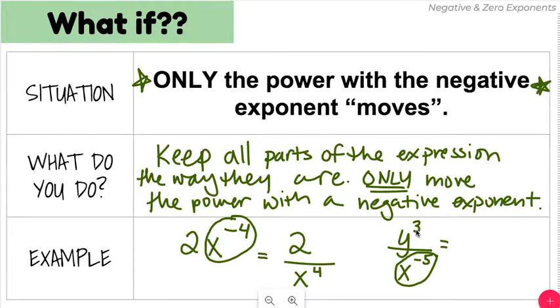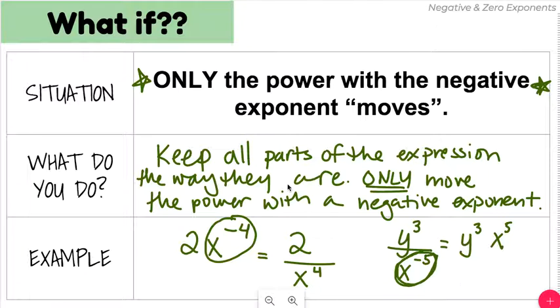Y to the third power, there's nothing wrong with it, so I don't move it, I don't change it, I don't do anything. That stays y to the third up in the numerator. X to the negative fifth is no good. I need to make that x to the positive fifth. To make that x to the positive fifth, I have to move it from the denominator up to the numerator. And that's it.